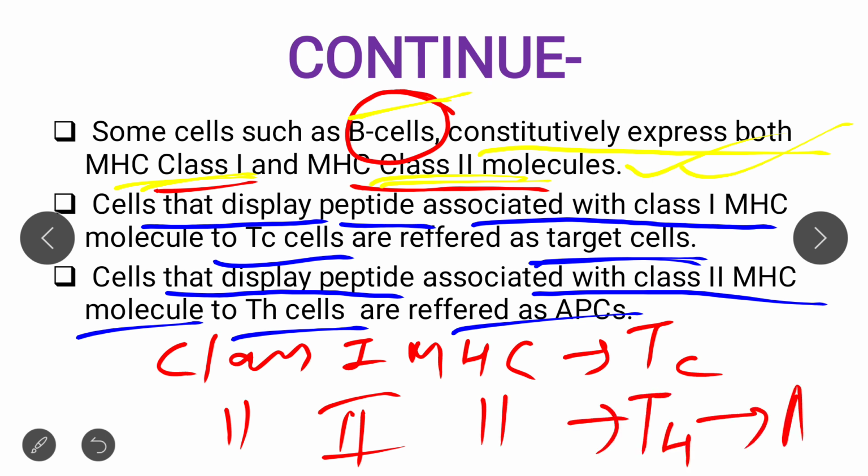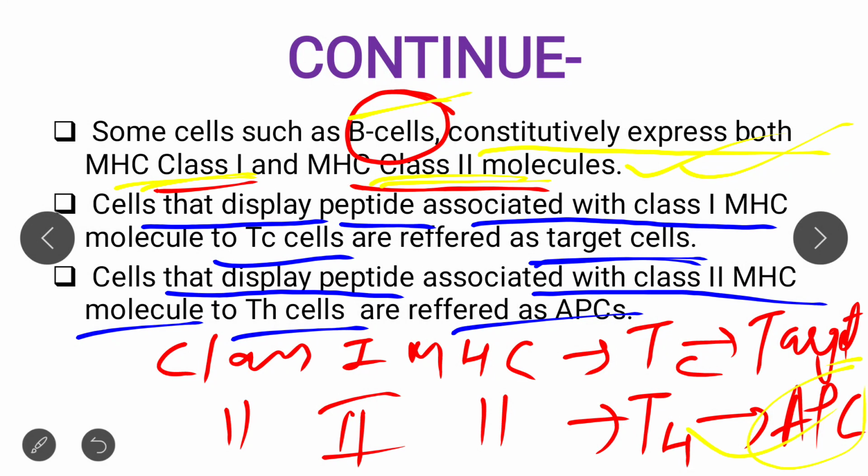It is done by APC and it is target cell. But in many cases, in both cases APCs are used, in both class 1 as well as in class 2.